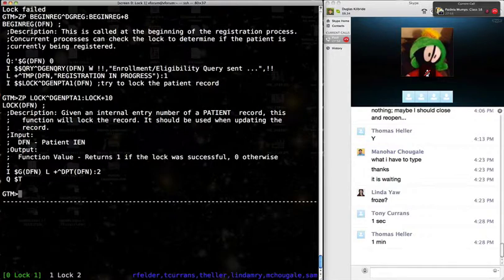Wow, one of the simplest functions in my life. It says, if you can lock it, he tries to lock the patient, and this time it's 2 seconds for a timeout. And if he succeeds, he's gonna quit with the value of $test. Do you guys need a refresher on $test or not?